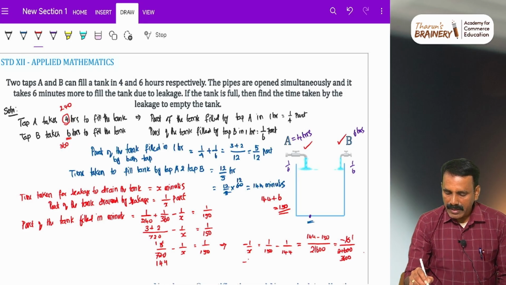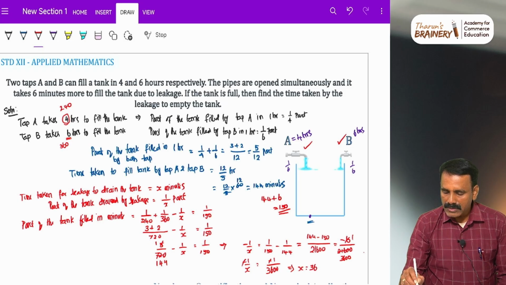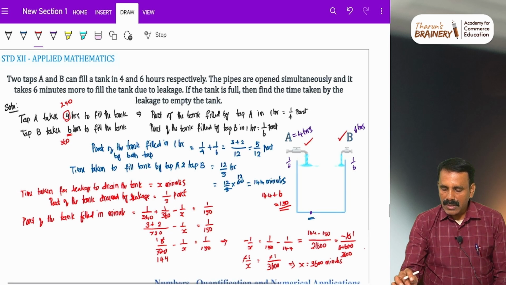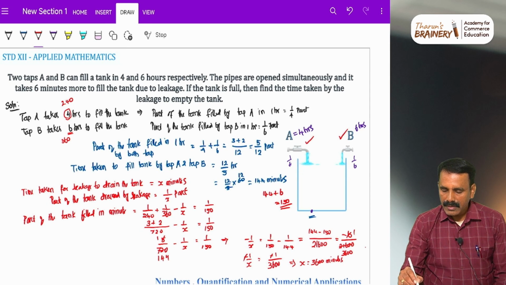So we get the answer minus 1 by x is equal to minus 1 divided by 3600. So minus minus cancel, which implies x is equal to 3600 minutes. When you convert this 3600 minutes to hours, you have to divide by 60, so it will be 60 hours.